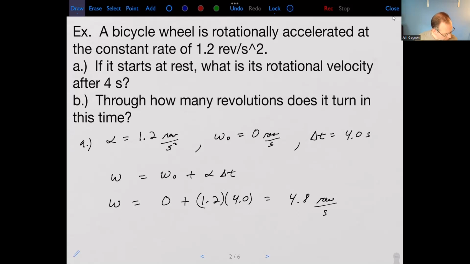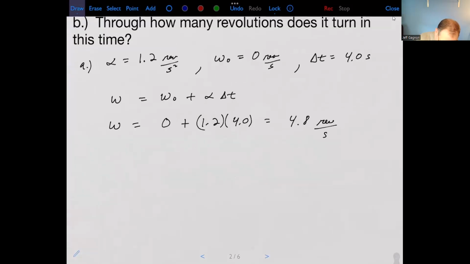And then for part B, it says through how many revolutions does it turn in this time? If we're looking for delta theta, we want it in revolutions. We want our units to be revolutions. As long as we leave everything else in revolutions, it'll come out correctly in revolutions.